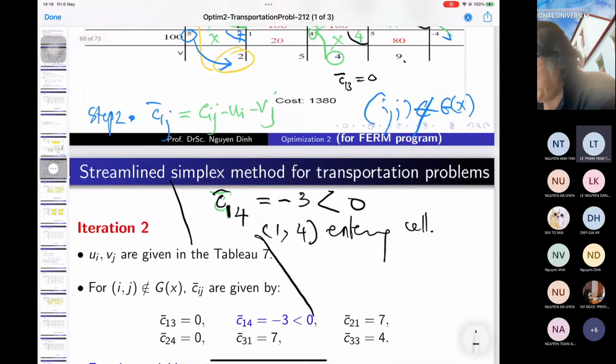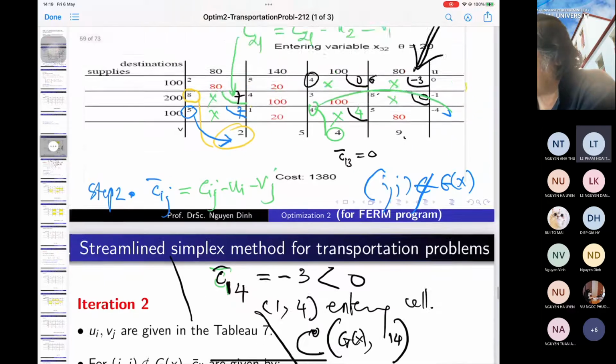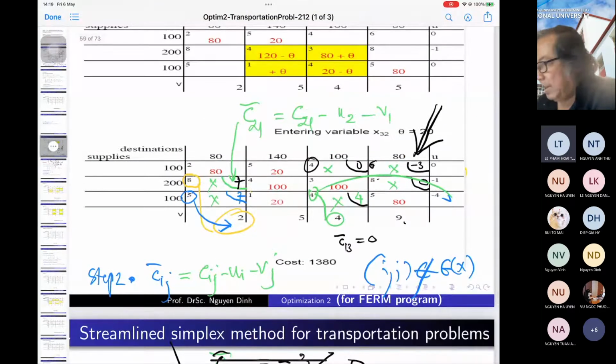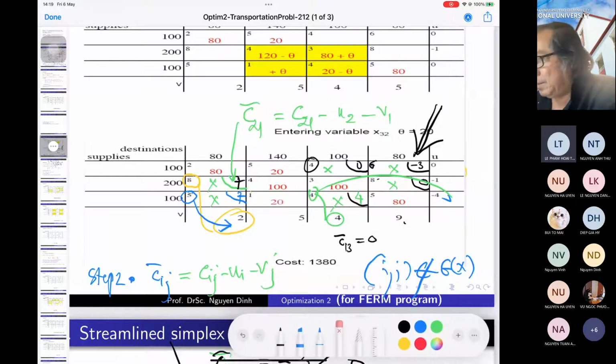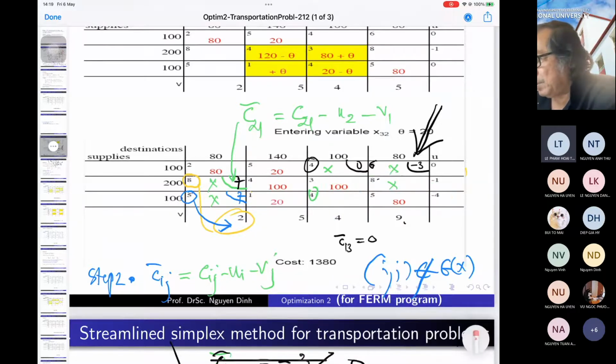And you have to determine. In this case, we have determined C bar 1 4. What is it? Take a look. I delete all the others to make the table clear. Just leave that one. That is negative.